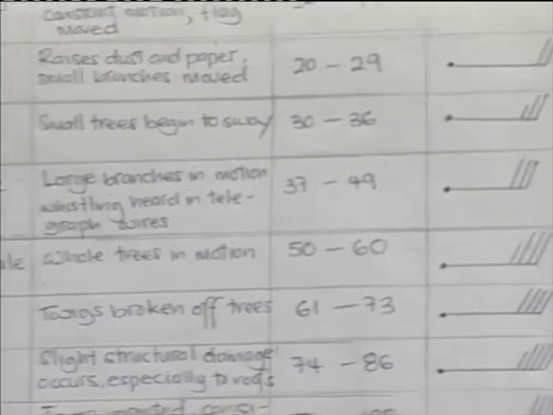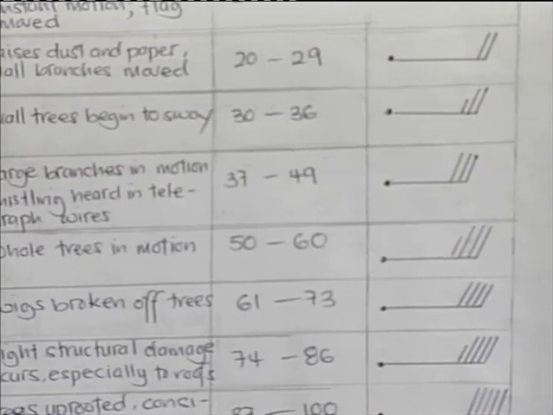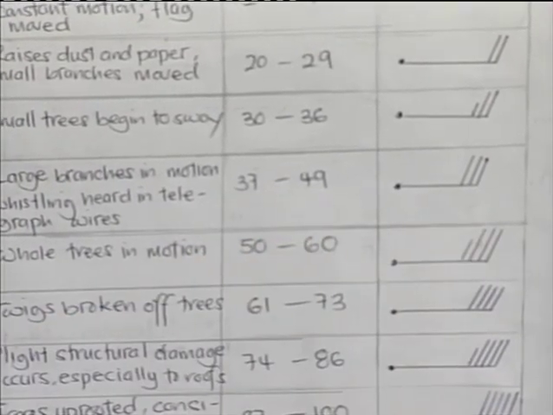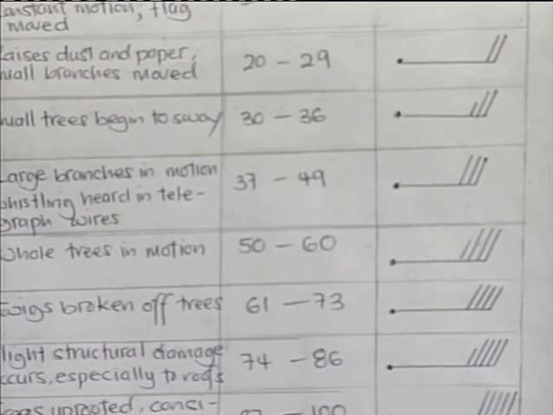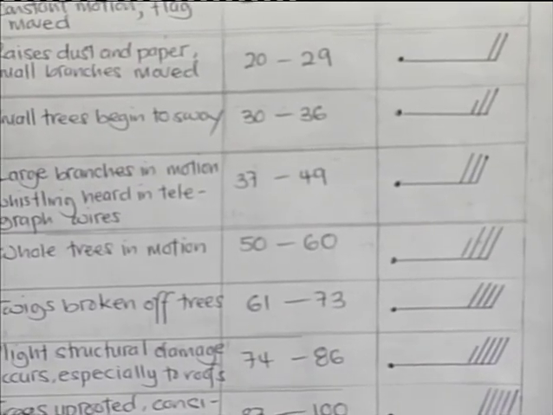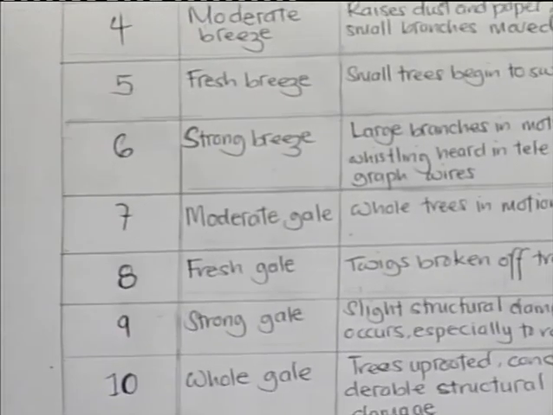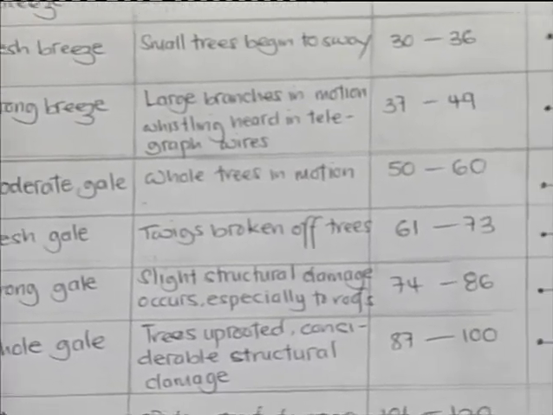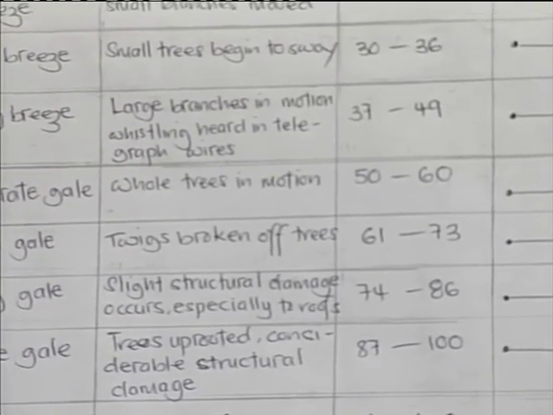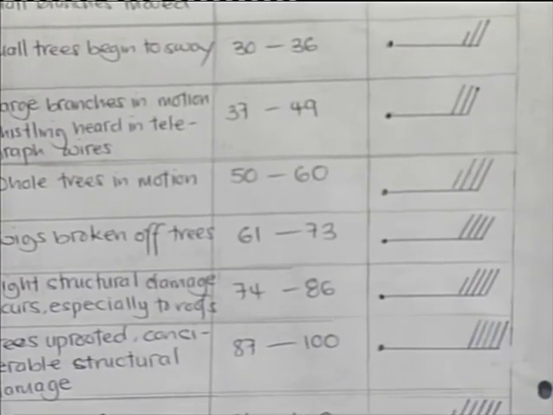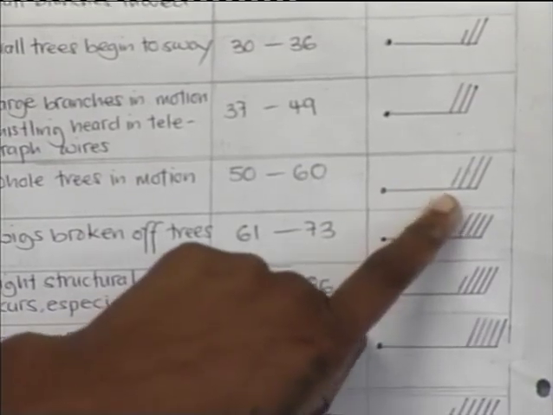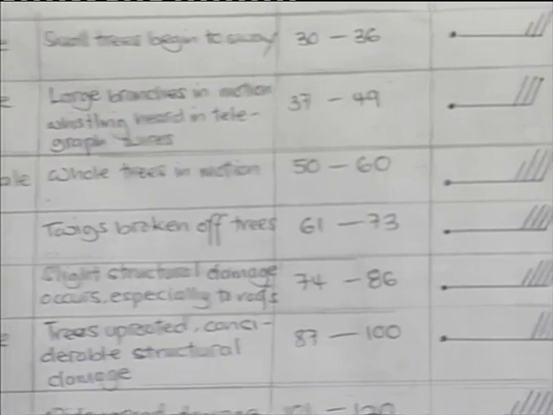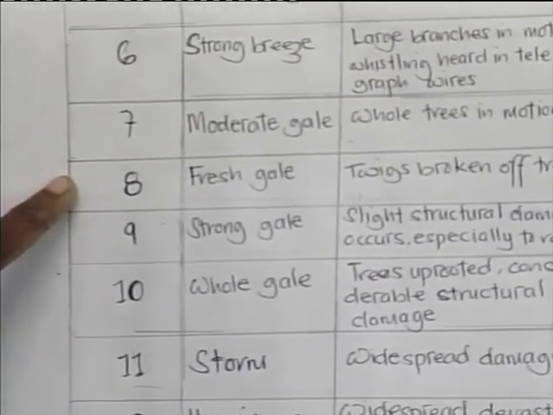The arrow indication is three full feathers. Number 7, we have the moderate gale: whole trees in motion, 50 to 60 kilometers per hour. And we have 3.5 feathers indicated on the arrow indication.